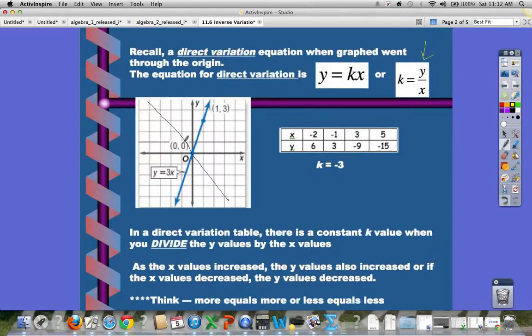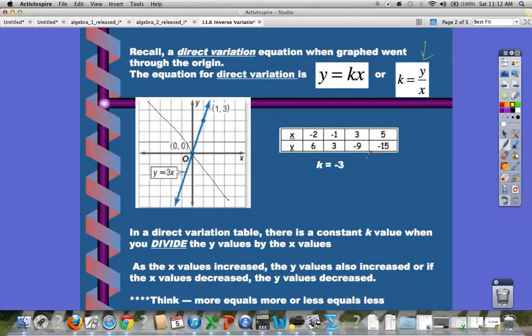When we were looking through this, we talked about it going through the origin, so yes, this is a direct variation. When you're looking at tables, however, you need to take each one of your y coordinates and divide it by your x. That's why this formula is really important to know.